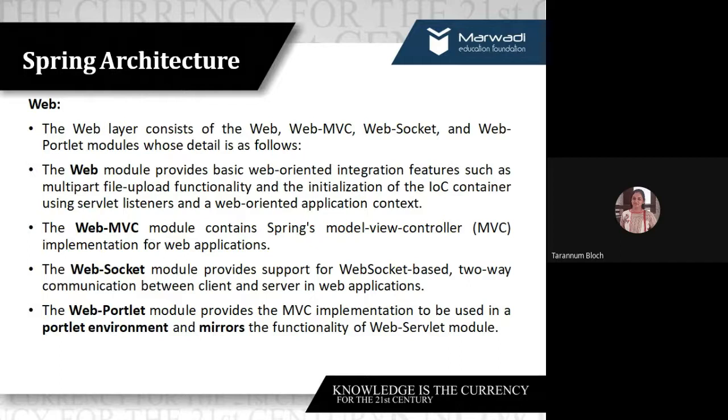Along with that, we say the Spring MVC module supports the model view and controller implementation of a web application, where we separate the data logic, business logic, and the presentation logic. Presentation is what the user sees on screen. We call it a view. Model is the data related to your web application. So it could be a Java bean class or it could be a POJO class.